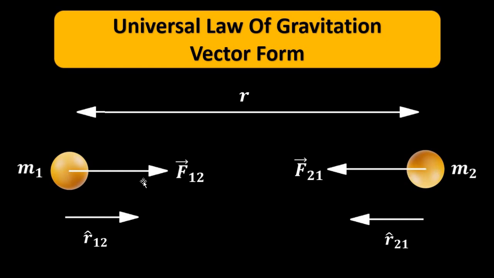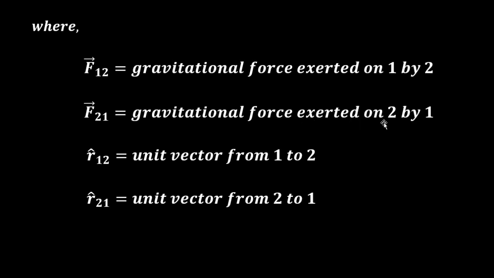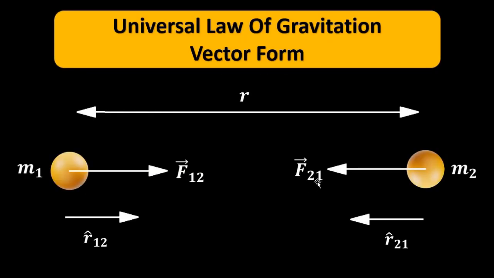Similarly, F21 is the gravitational force exerted on mass m2 by m1, and it is towards m1. Every object tries to attract the other object towards itself. That's why the gravitational force is towards the other attracting body. F12 towards m2, F21 towards m1.